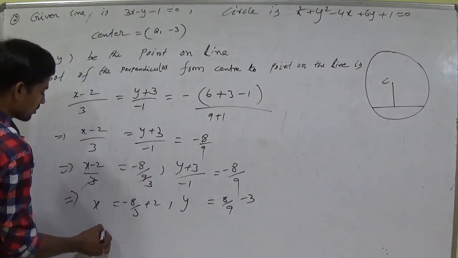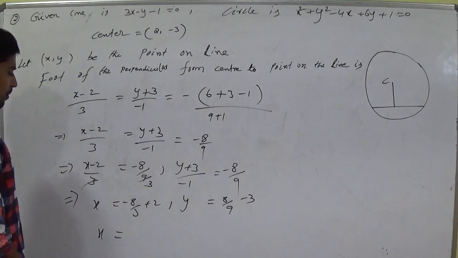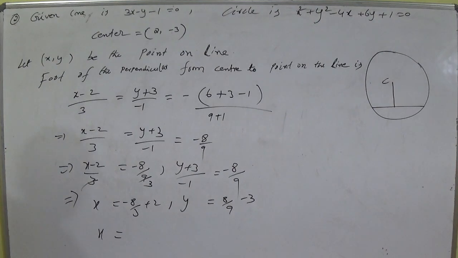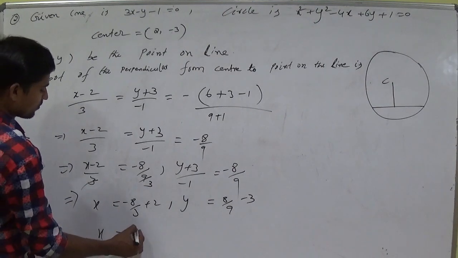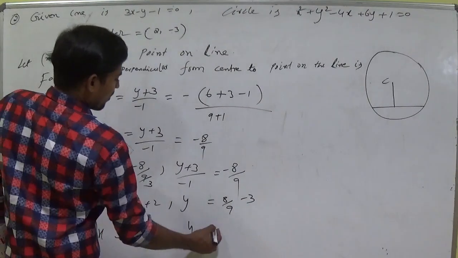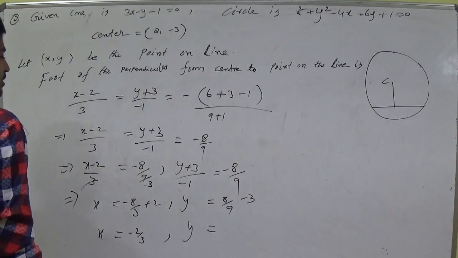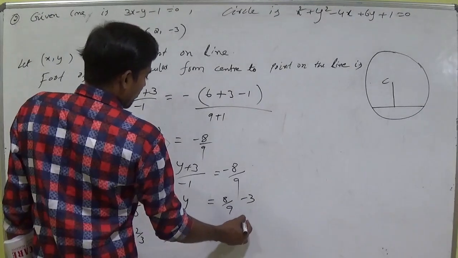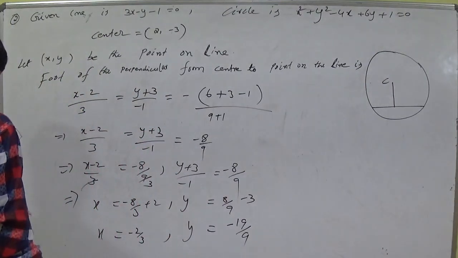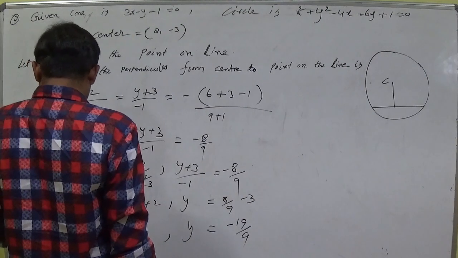So x equal to minus 2 by 3, and y is equal to minus 19 by 9.